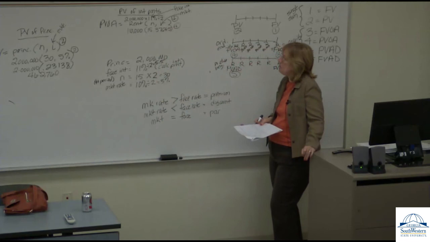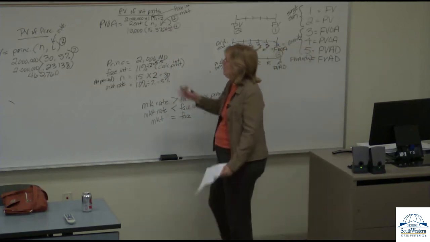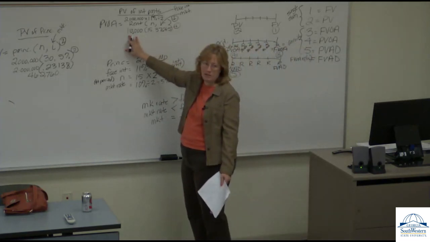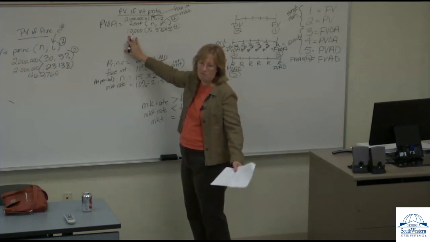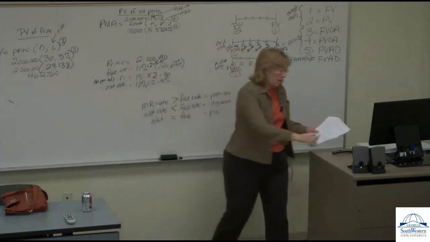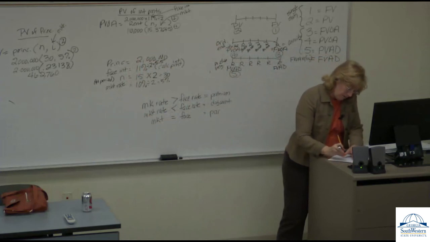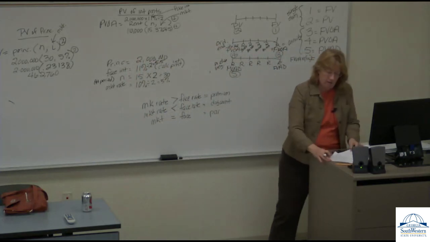Okay, so we multiply that together. This number times 110,000, what do we have? I'm going to change these numbers too. Okay, what do we have?